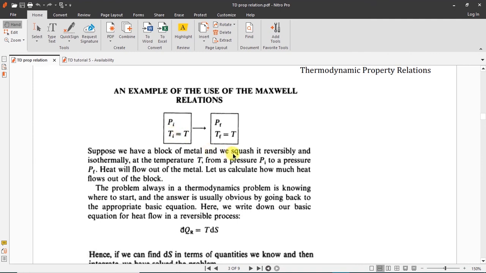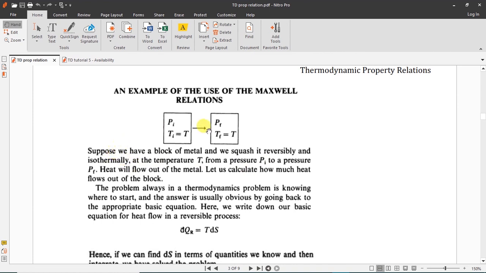It is squashed reversibly and isothermally. So squashed means pressure is applied and it is squashed. So pressure has increased, P final is there. So pressure changes from P initial to P final. T final is same as T initial. Why? Because process is reversible and isothermal.